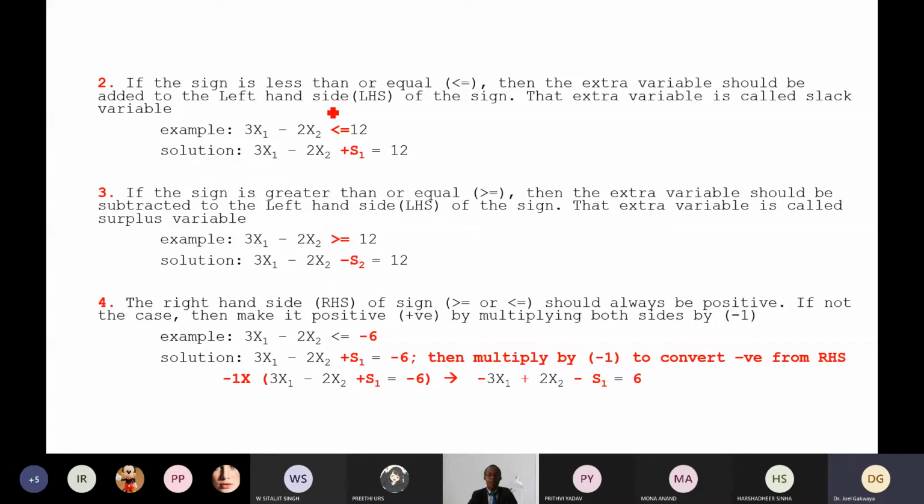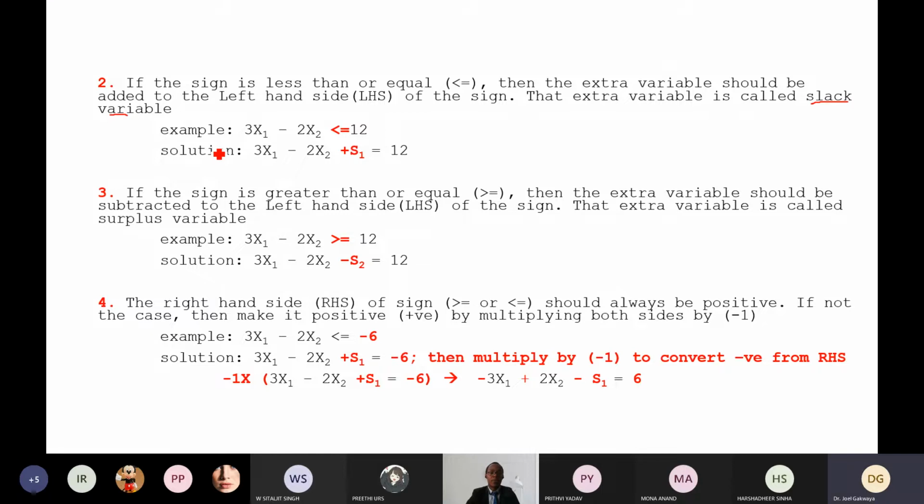Because there are two things: we can add or we can subtract extra variables. The added variable is called a slack variable.